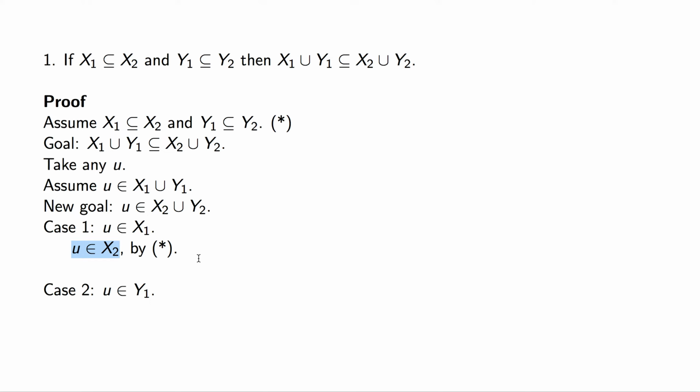And this brings me really close to the goal. If U is a member of X2, then it is also a member of the union involving X2. And we have reached our goal, this goal.